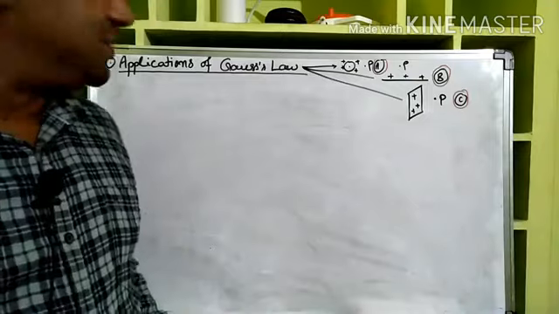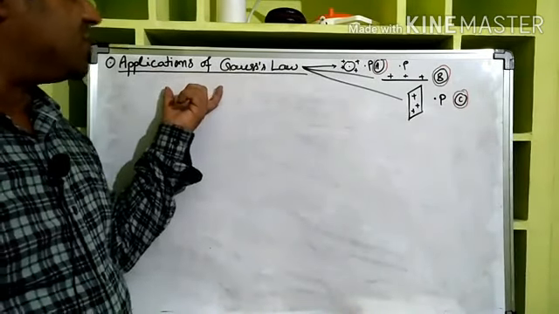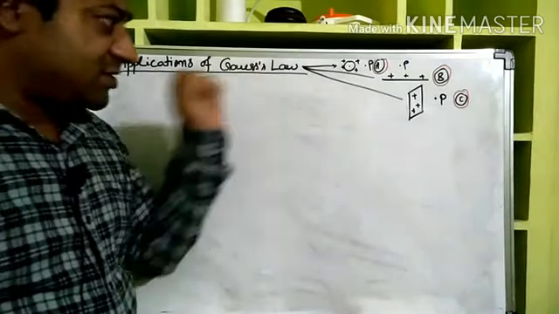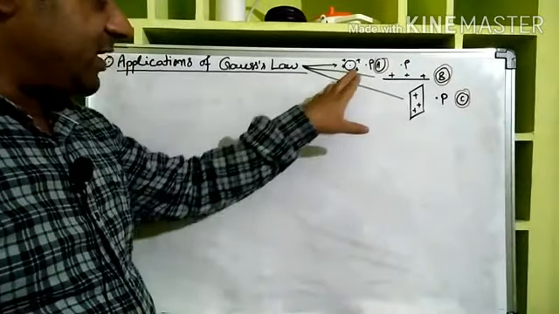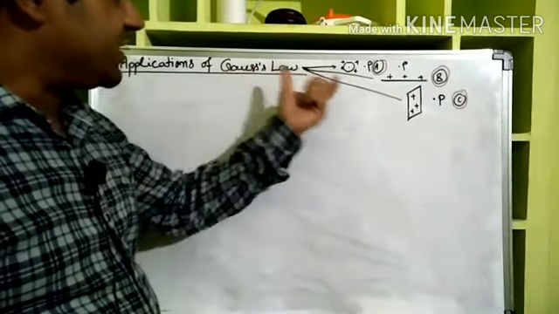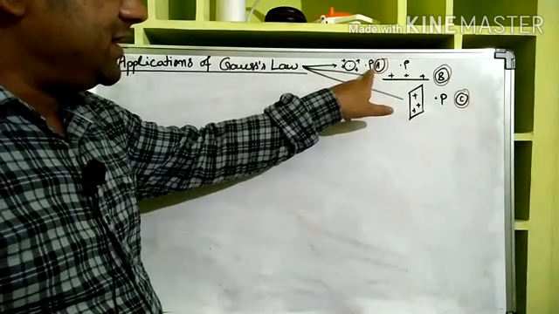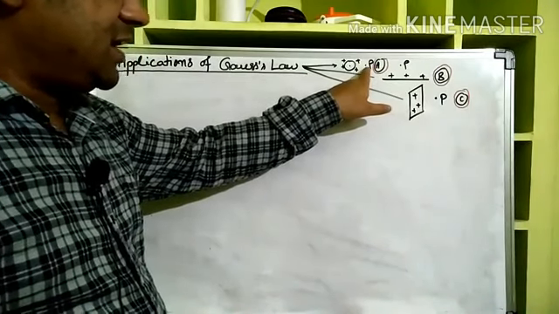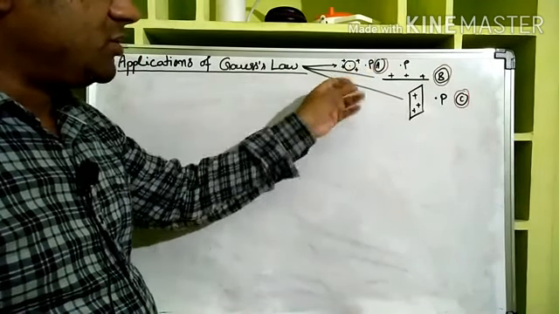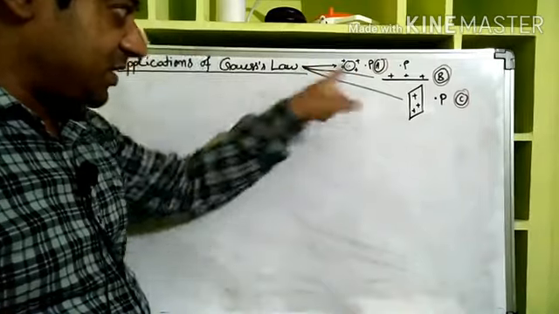Now we are going to discuss the second application of Gauss law. The first application we are very clear about, right? The first application was regarding finding out the electric field intensity at any point due to a uniformly charged spherical sphere.